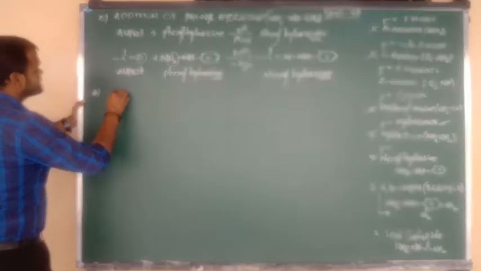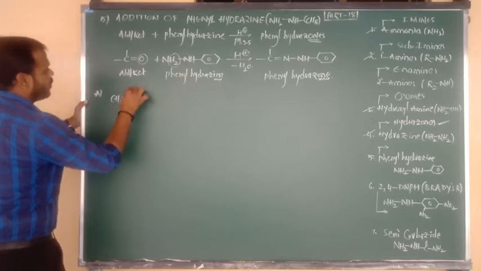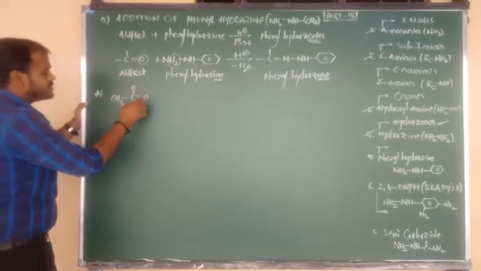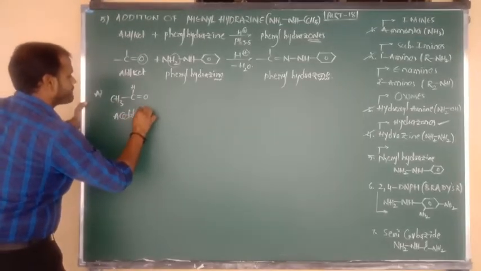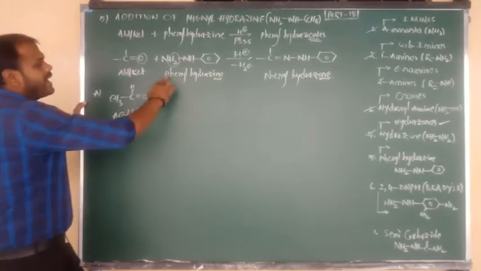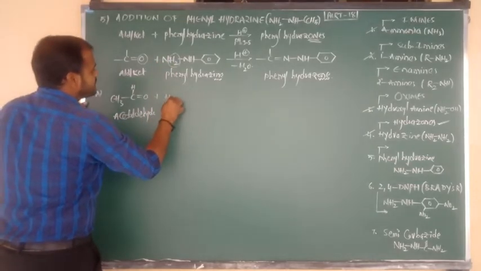So what is the formula of acetaldehyde, beta? CH3 bonded to C double bond O, connected to H. Means CH3 bond CHO. The name of this compound is acetaldehyde. Acetaldehyde upon addition with phenyl hydrazine. What is the formula? NH2, or we can say H2N.